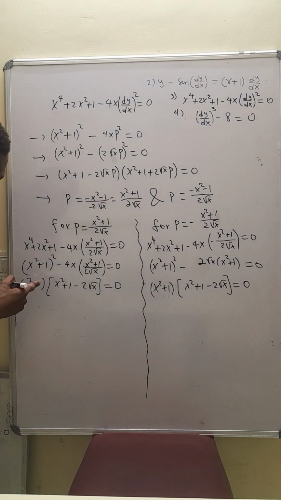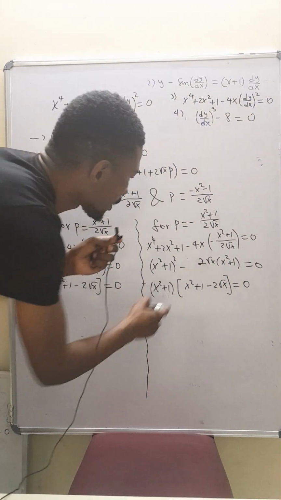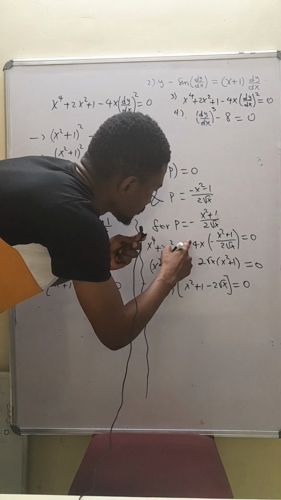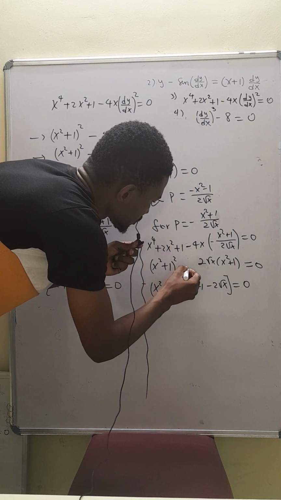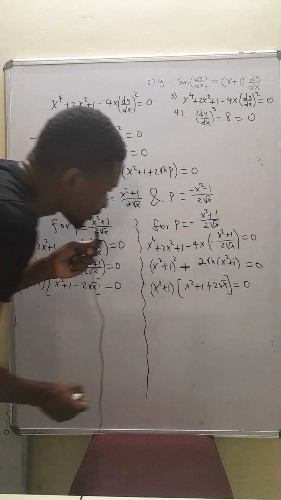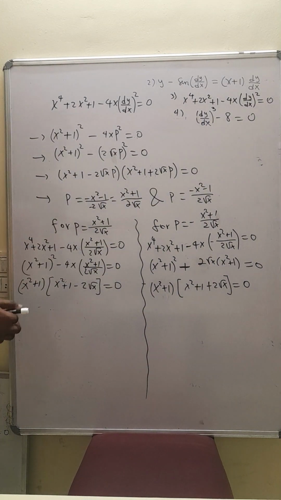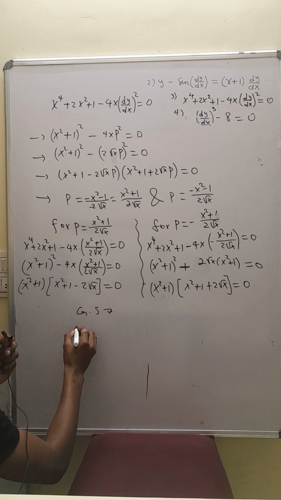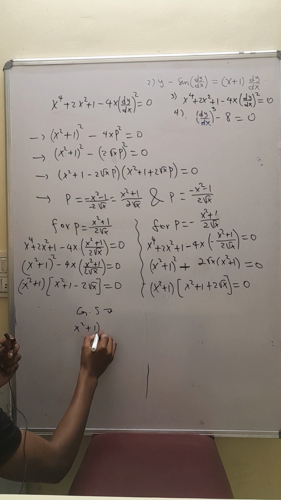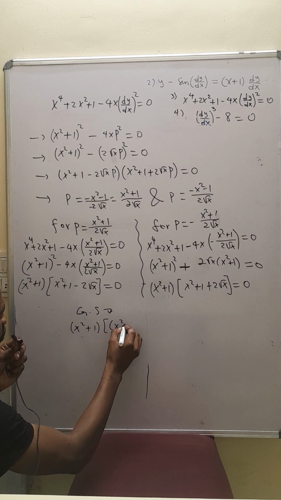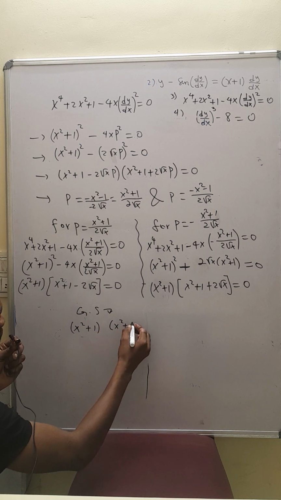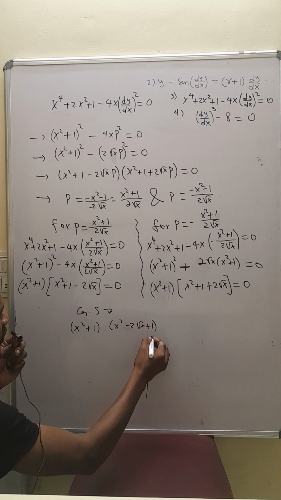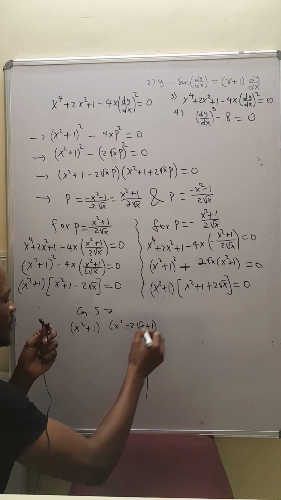And let me see. Yeah, they can't be equal. Okay, minus will be positive. So this is minus, and here it is positive. Nice. These are my solutions. So what can I say about the general solution? My general solution will be (x² + 1)(x² − 2√x + 1), okay, this is my general solution.